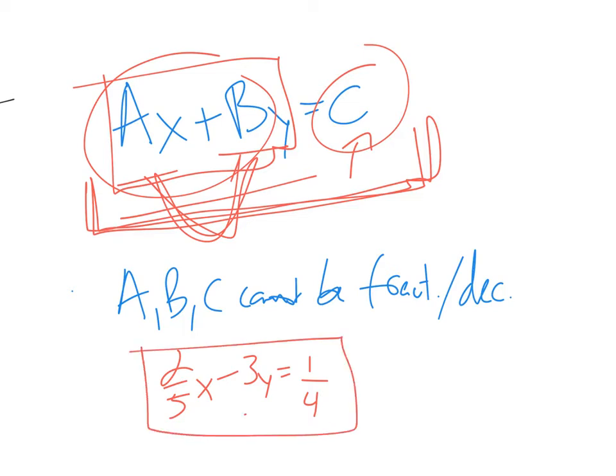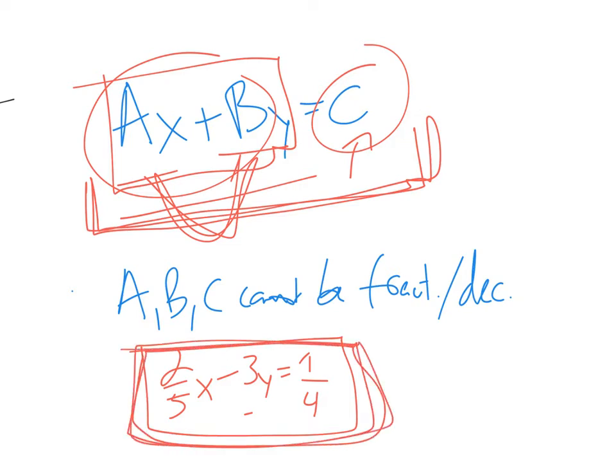X and y are on the same side. X is first, y is second. There's a constant over there by itself, but we would have to rewrite this without the fractions, and that's something we'll practice doing the rest of this week. Another rule of standard form, A, B, and C cannot be fractions.